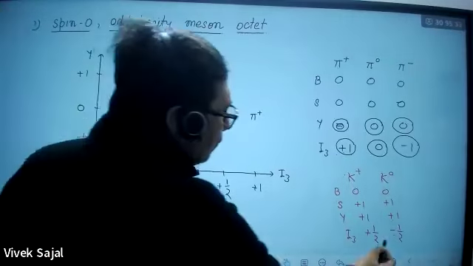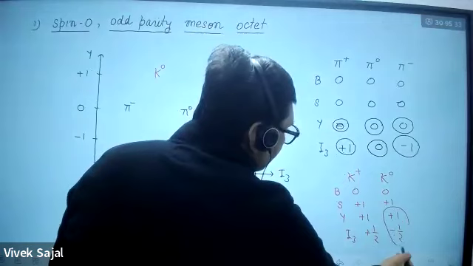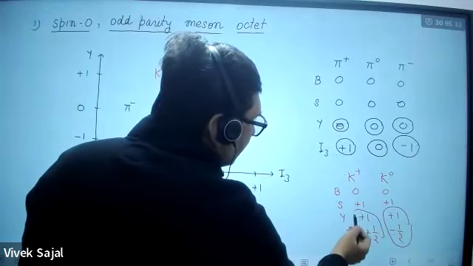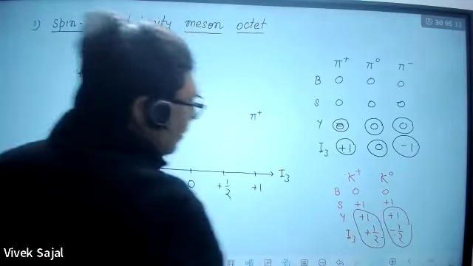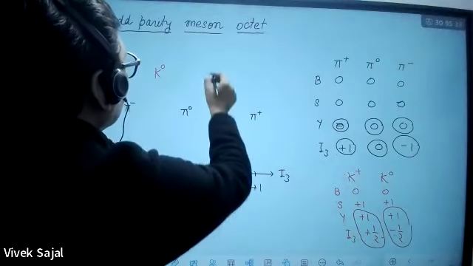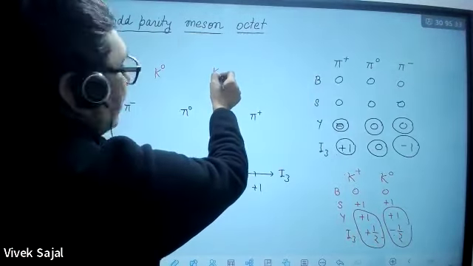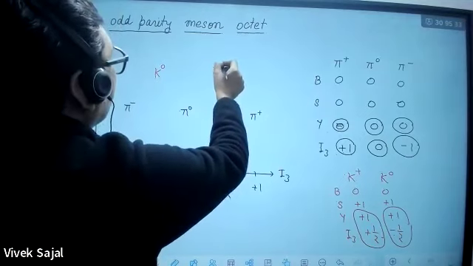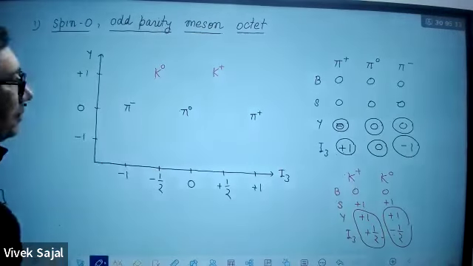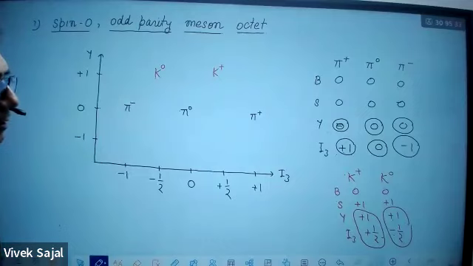K plus is at plus half and +1, here. Last is eta.